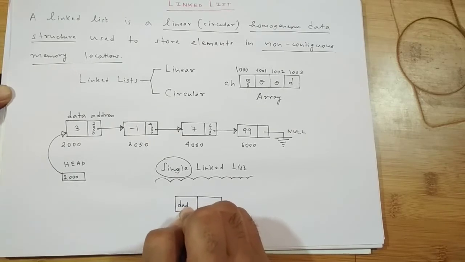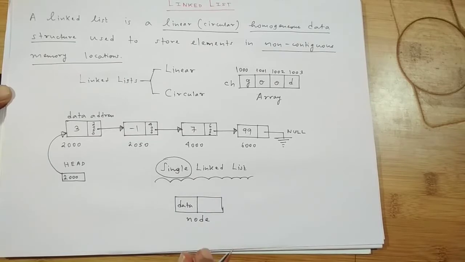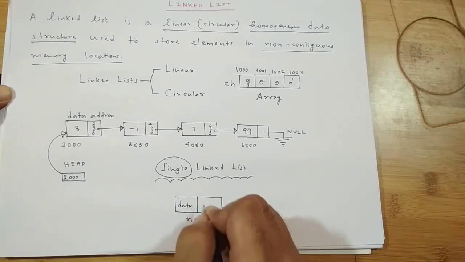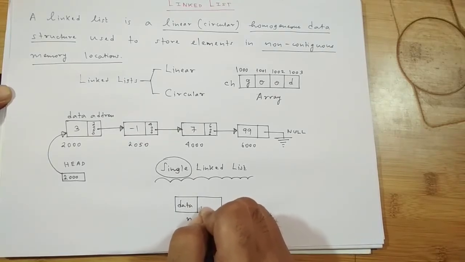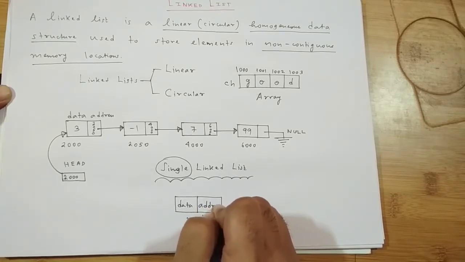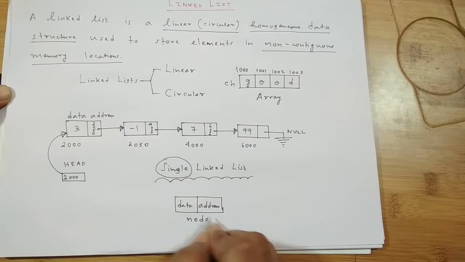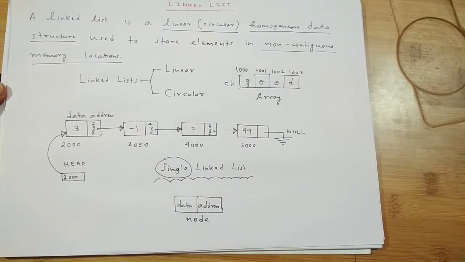It will have a data part. This is a very elementary node. I'll just discuss it in detail. Let me just complete this. I have a data part and I have an address part. This is how a basic node looks. Now it doesn't mean that there'll be only one data part all the time, or only one address part all the time. But this is the general convention.